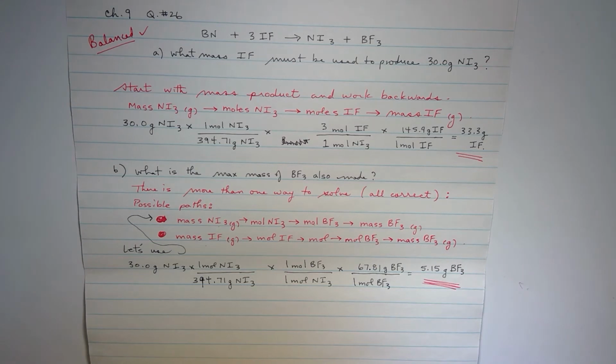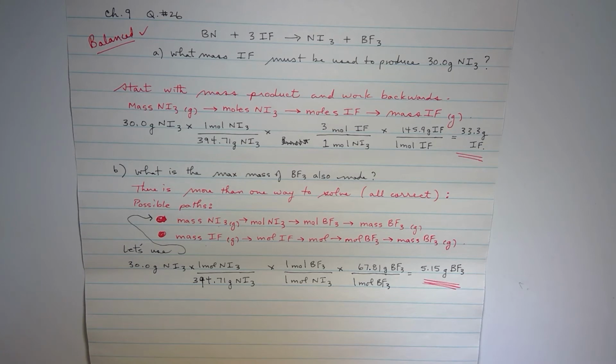What is the maximum mass, so maximum theoretical mass, of BF3 also made? That's the byproduct. They call it a byproduct in the original question. And there is more than one way to go about this, at least 2 ways, given the information that we have already. Because all of the reactants and products are related through a balanced equation, you can use any one reactant or product to find out how much of any other reactant or product you need to go along with it.